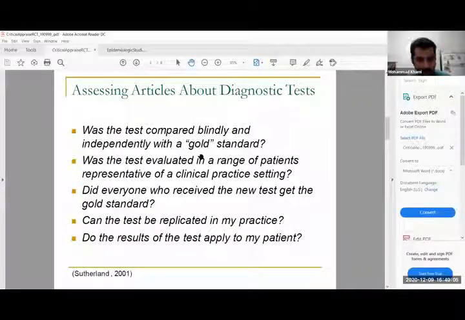It is clear why this item should be checked when we think about the aim of the study. Then, can the test be replicated in my practice? This is the question that we should ask when reading any article, when we want to use the results for our clinical practice. Then, do the results of the test apply to my patient? Again, we are concerned about whether these results are useful for my routine clinical practice or not.